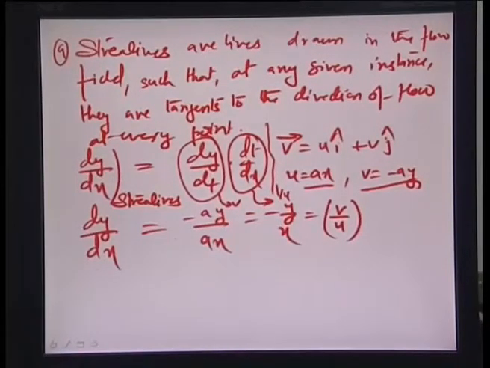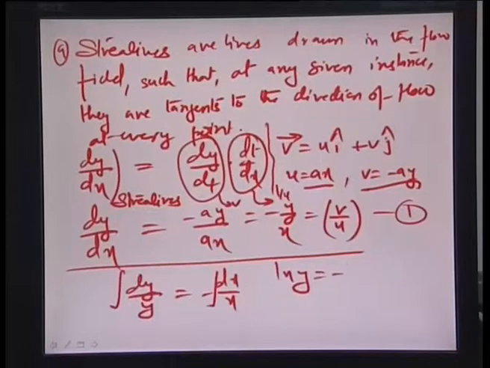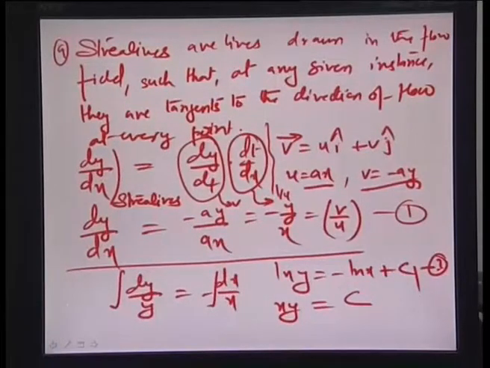So, if we solve equation number 1, we are left with dy by y equals minus dx by x, and we can integrate this to obtain ln y = minus ln x plus c1. From equation number 2, we find xy = a constant c, where c is e to the power of c1.